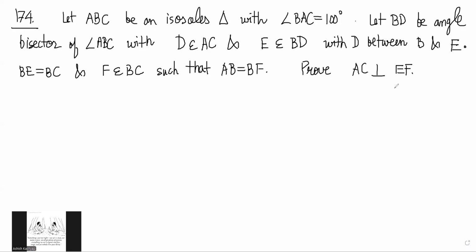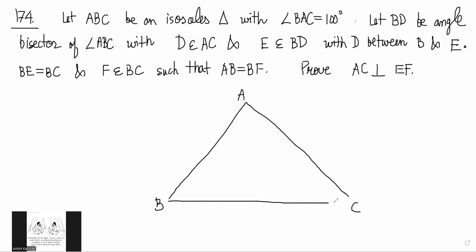So first we have to draw a figure here. ABC is an isosceles triangle with the angle A is 100. So something like this. Angle A is here, and B and C are here. The angle A is 100 degrees.